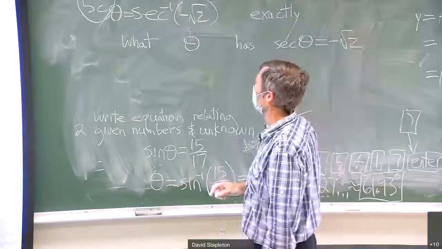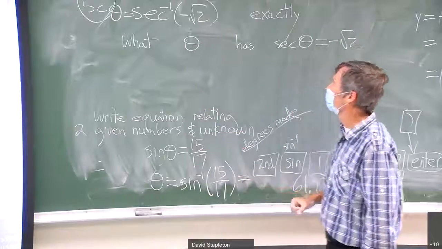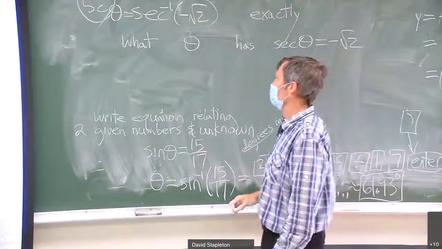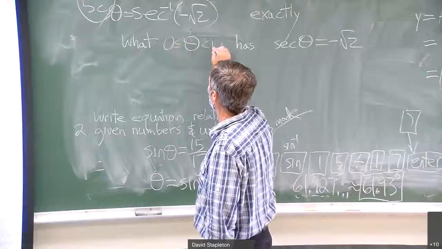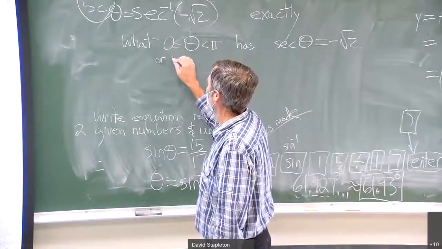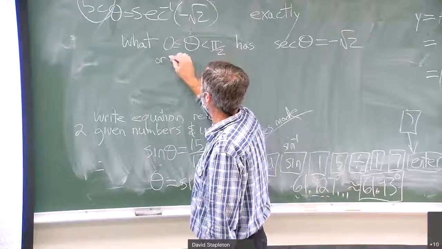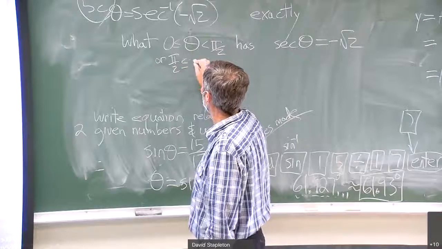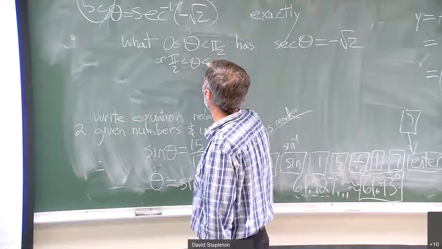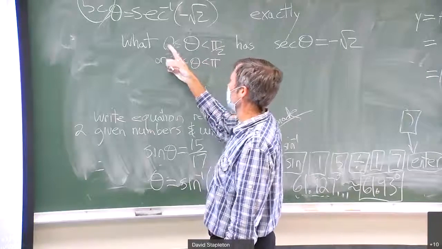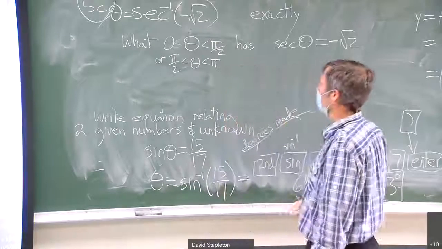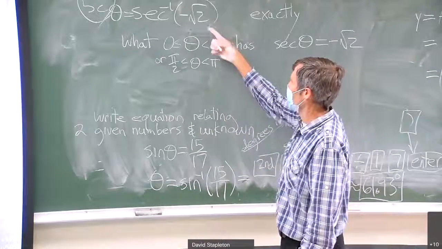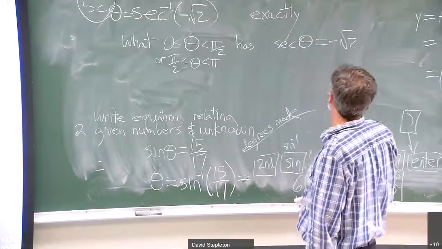That's what the question is when you ask for the inverse secant. The inverse secant gives you an angle between 0 and pi, but not equal to pi over 2, because the secant isn't defined there.